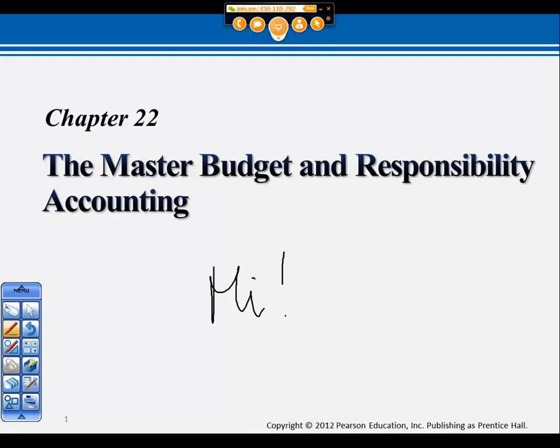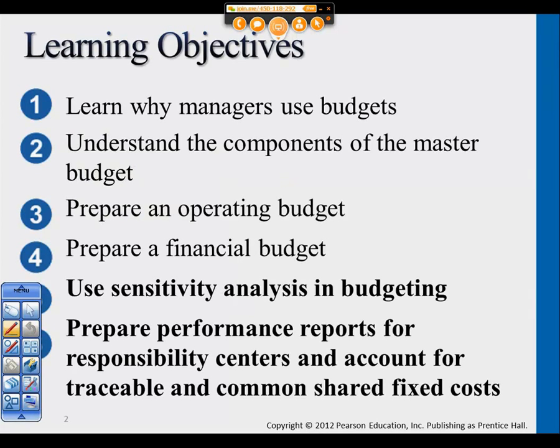All right. So right now we are talking about the master budget and responsibility accounting. We have a set of learning objectives that we'll go over. We'll learn what a master budget is, how we manage it, and how to prepare a set of budgets once we learn the components of that master budget.